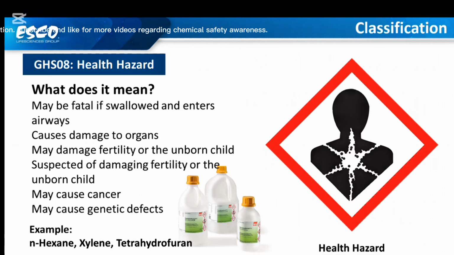So the symbol for this chemical family is a person with a white star in the middle, the health hazard chemicals. So these chemicals are in two families, the harmful and the health hazard.